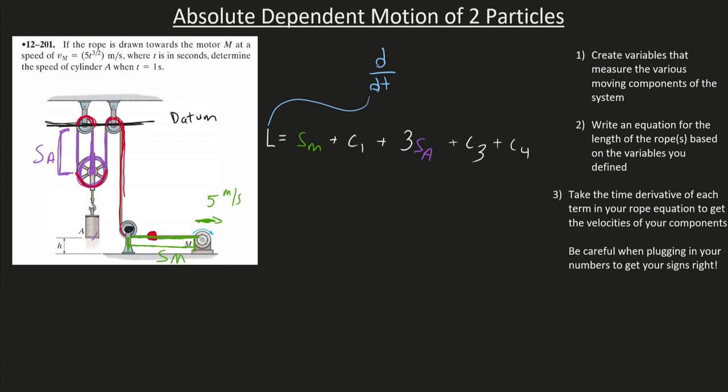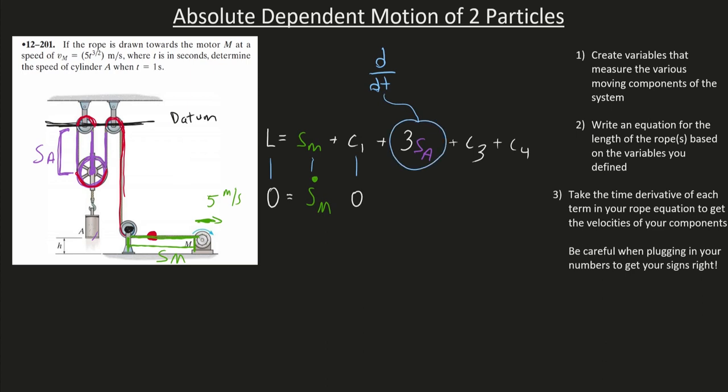This number L, the length of the rope, won't change with time. It'll be a 0. My variable SM will be changing. It actually will be increasing if my motor is tugging that rope to the right. And the derivative of this constant length here, of course, will be 0. It won't be changing with time.